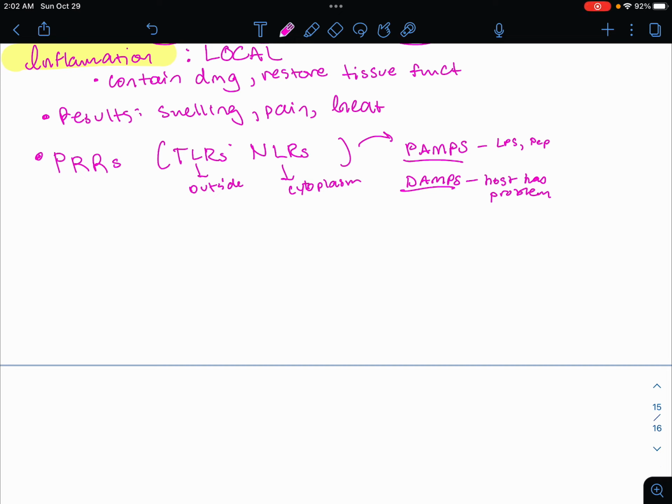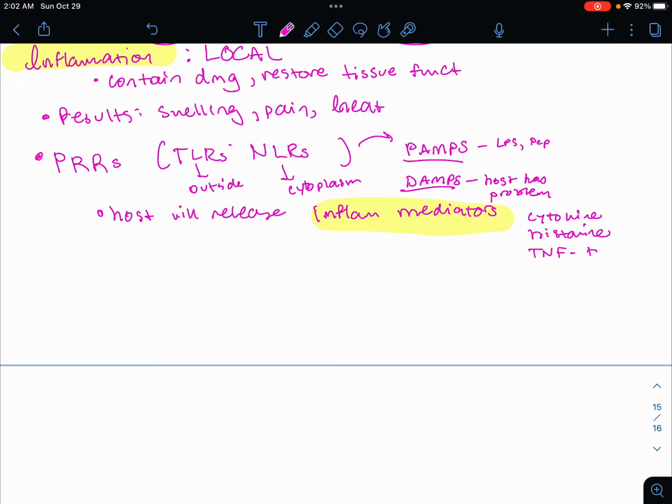The host will release the inflammatory mediators. These are going to be our cytokines, histamine, and the TNF.